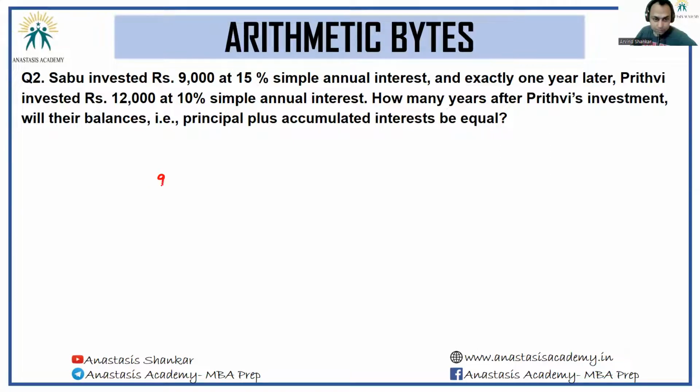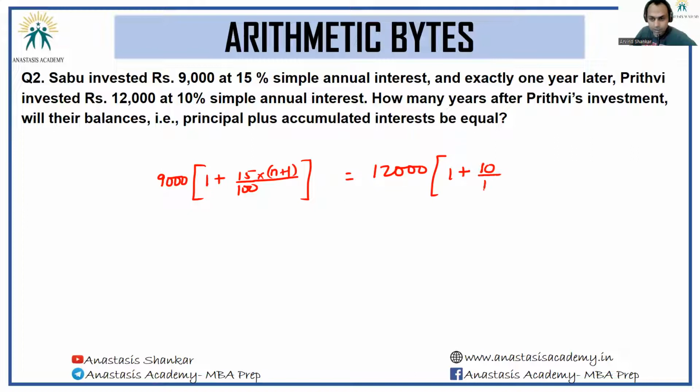So for Sabu, the cumulative total will be principal 1 plus rate, which is 15 by 100 into n plus 1. And this has to be equal to Prithvi's amount, which is 12,000 into 1 plus 10 by 100 n.